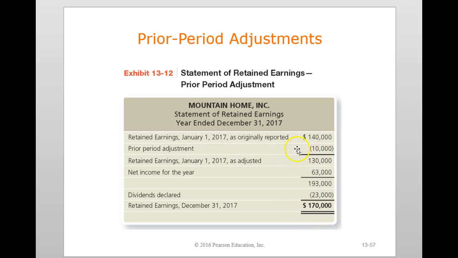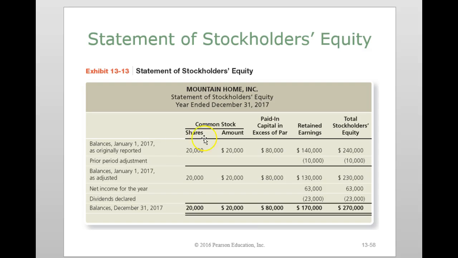So that prior period adjustment comes right immediately after the beginning. And then this is a statement of stockholders' equity that shows the changes in shares and also reconciles the retained earnings, so that you take that entire section and show exactly what's happening in each area of the equity section.